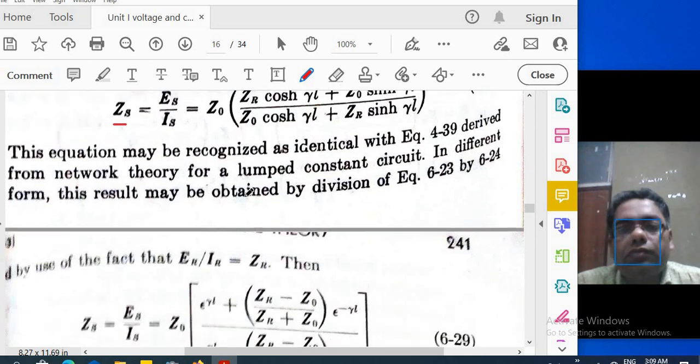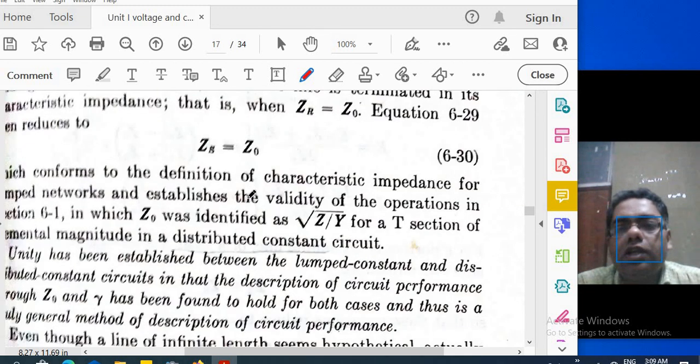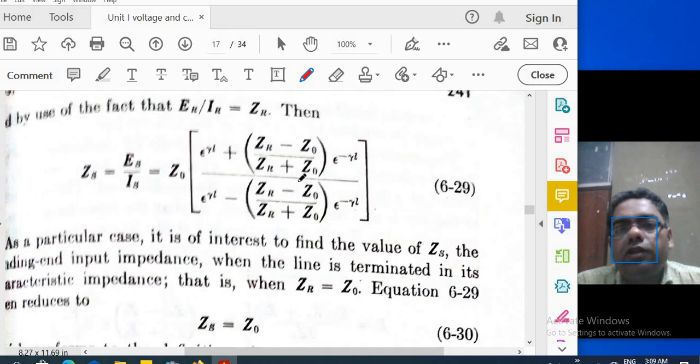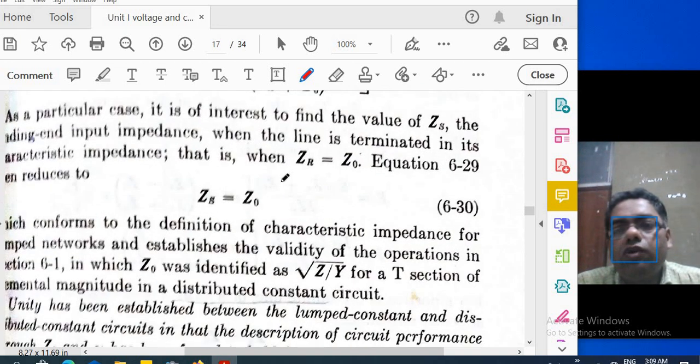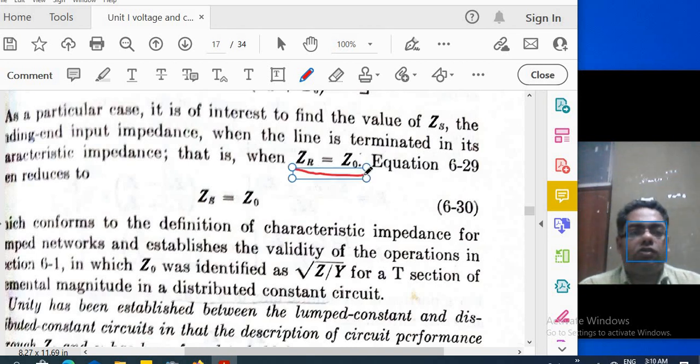Now, another thing that you have to keep in mind is, suppose the value of the load is equal to the characteristic impedance of the line Z0, which I have already explained before.